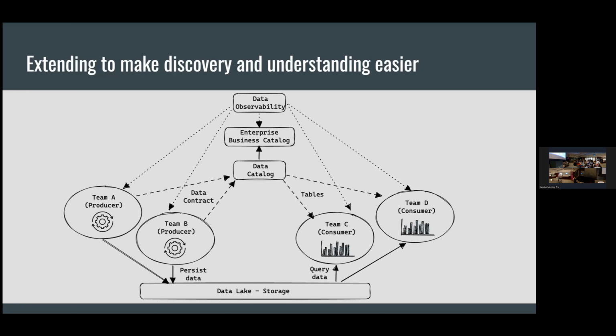But I'm going to layer a business catalog on top of that. Companies like Atlan, and lots of others, can sit on top and extract the metadata from the data catalog, collect other information, put some business processes around it, and some entity modeling on top of that. And now you have a place to search. You have a place to collaborate.